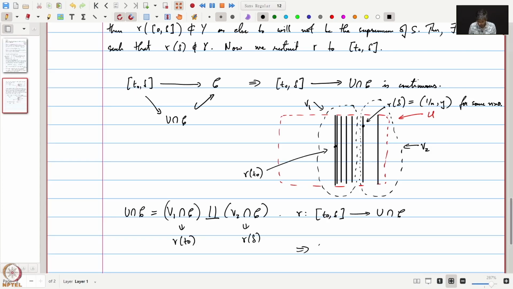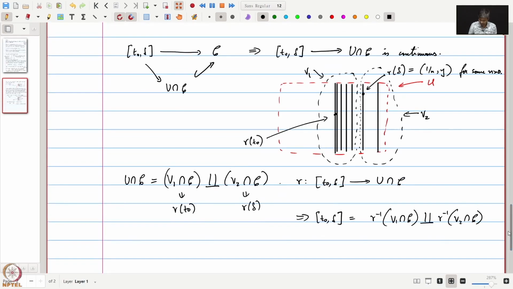So this implies that [T naught, delta] can be written as the disjoint union of gamma inverse of V1 intersected C and gamma inverse of V2 intersected C. But this is a contradiction.